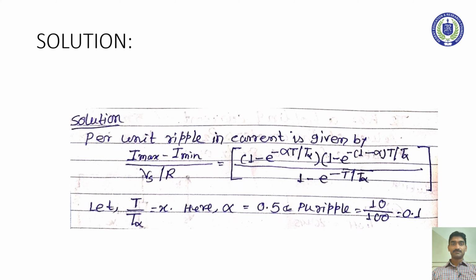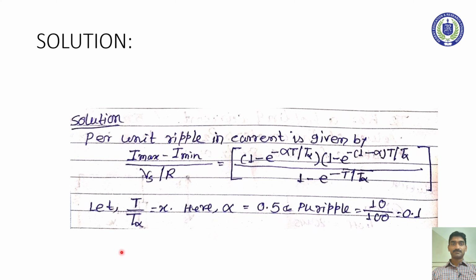Now, how do we solve this numerical? The per unit ripple in current is given by (I max minus I min) by E by R. I max is (1 minus e to the power minus alpha T by T alpha) and I min is (1 minus e to the power minus (1 minus alpha) T by T alpha), and E by R is 1 minus e to the power minus T by T alpha.